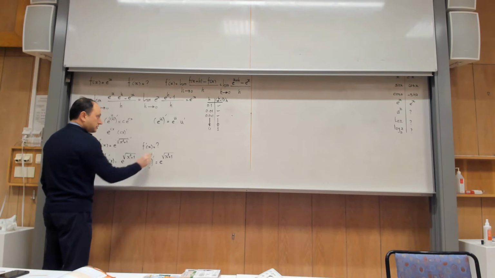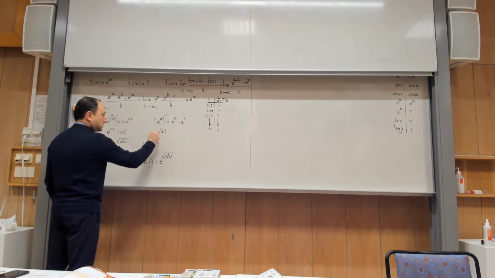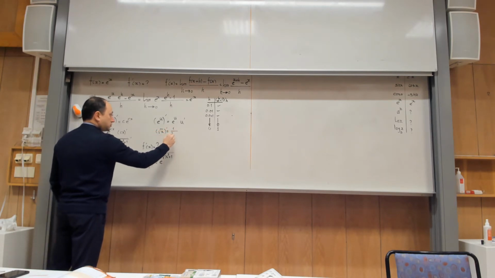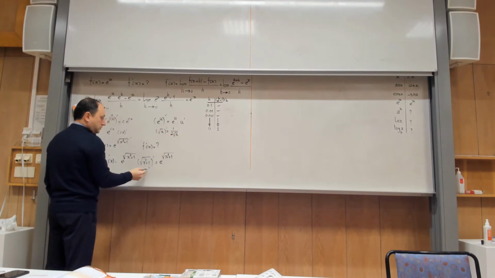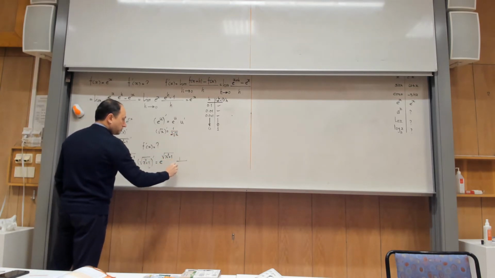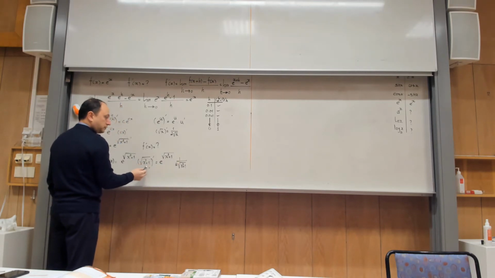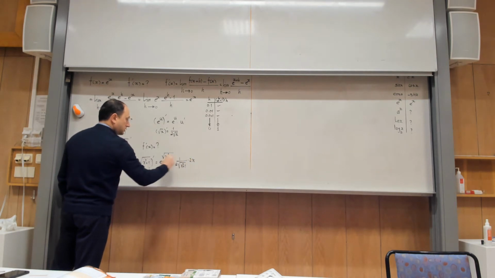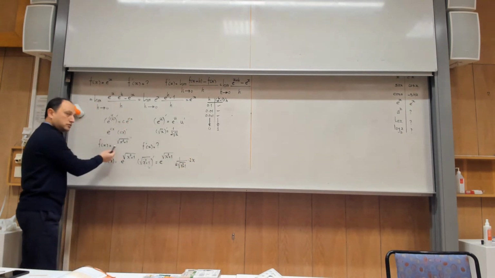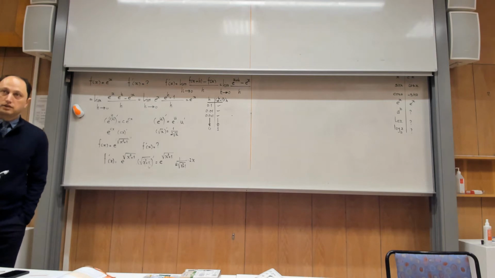The derivative of square root of x, we know, is 1 over 2 square root of x. So this becomes 1 over 2 square root of u, but multiplied by u prime. But this is very simple. The derivative of u is simply 2x. So this expression that you see here is the derivative of this function. Now, is that clear?